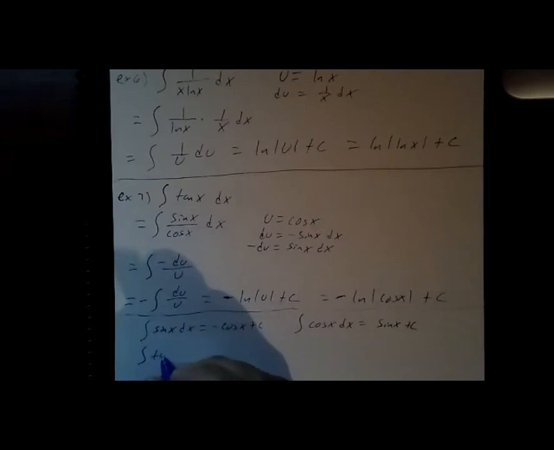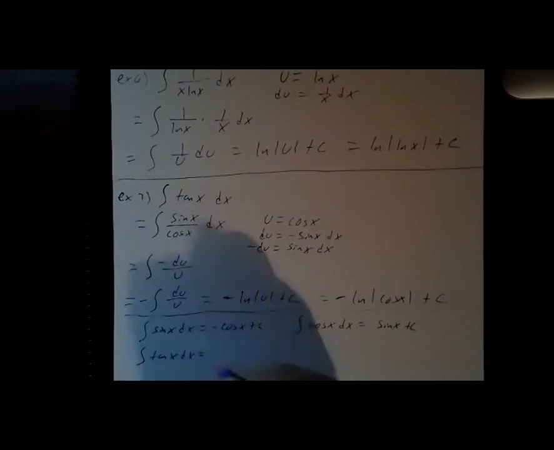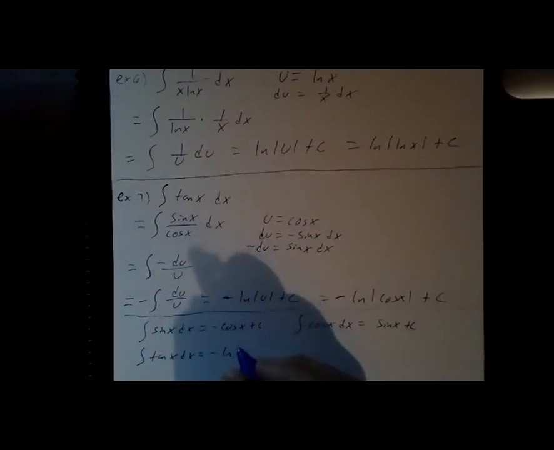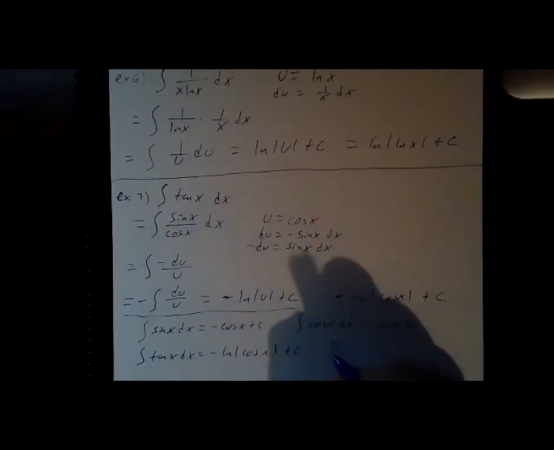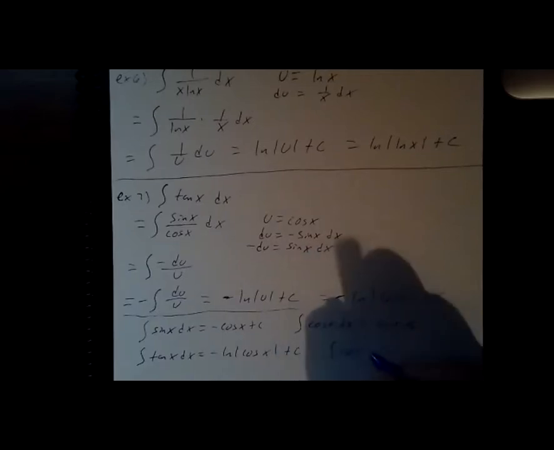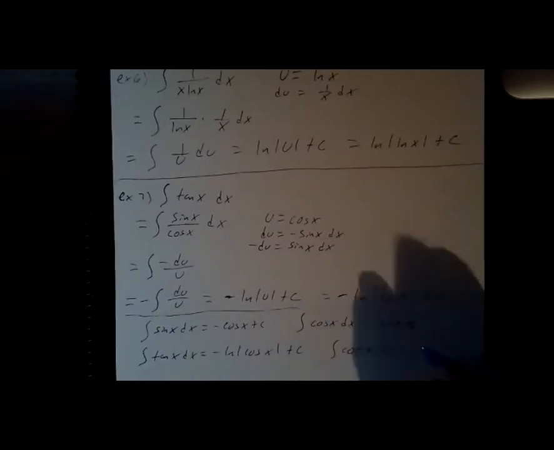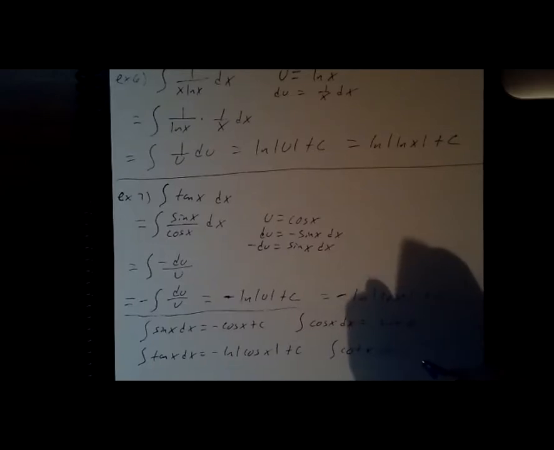Integral of tangent, we just did that, would be negative ln cosine x plus c. Integral of cotangent x dx will equal negative, no, it's positive, ln of sine x plus c.